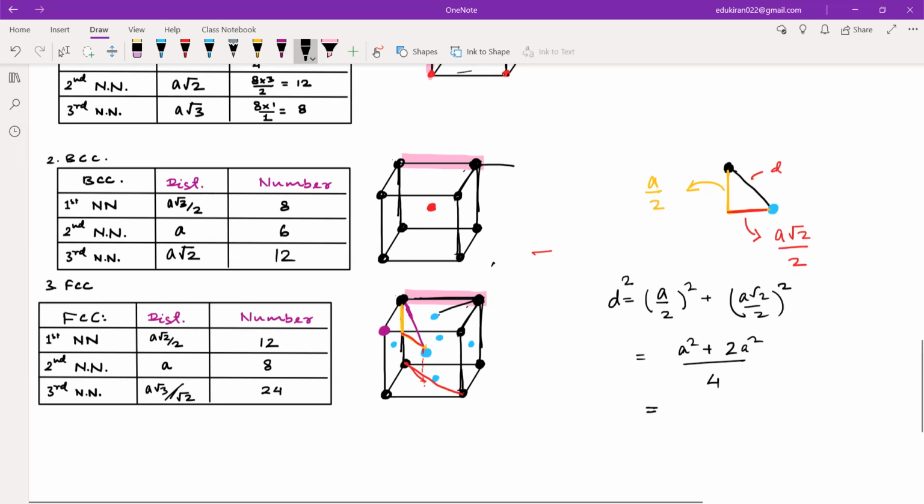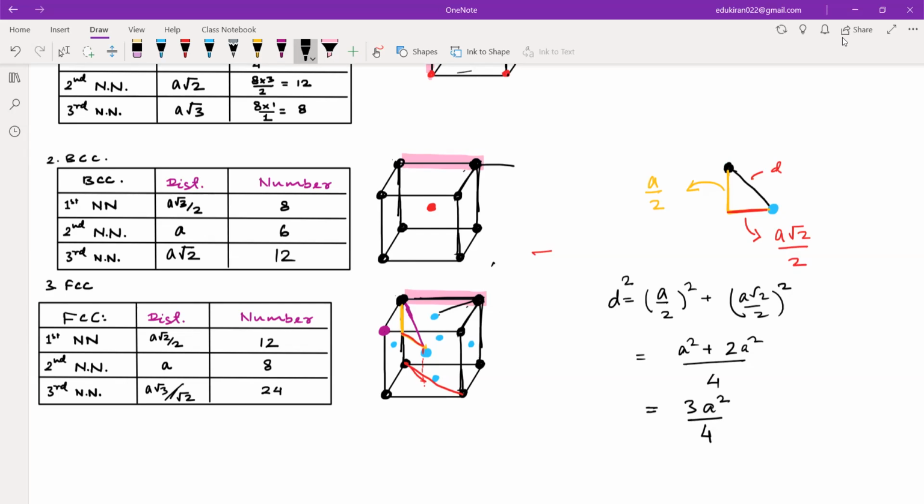Yes or no? Yes, sir. Then what do we have here? We have 3a square by 4, right?